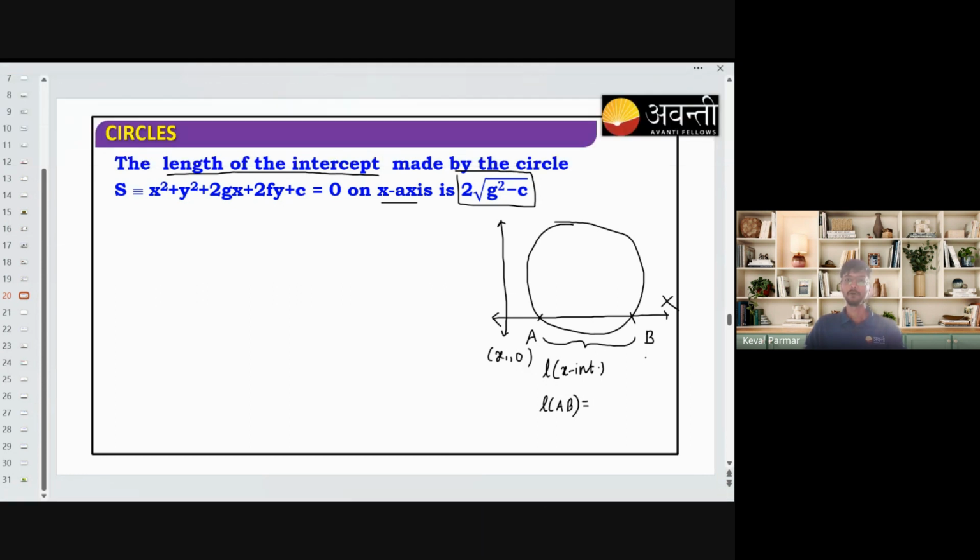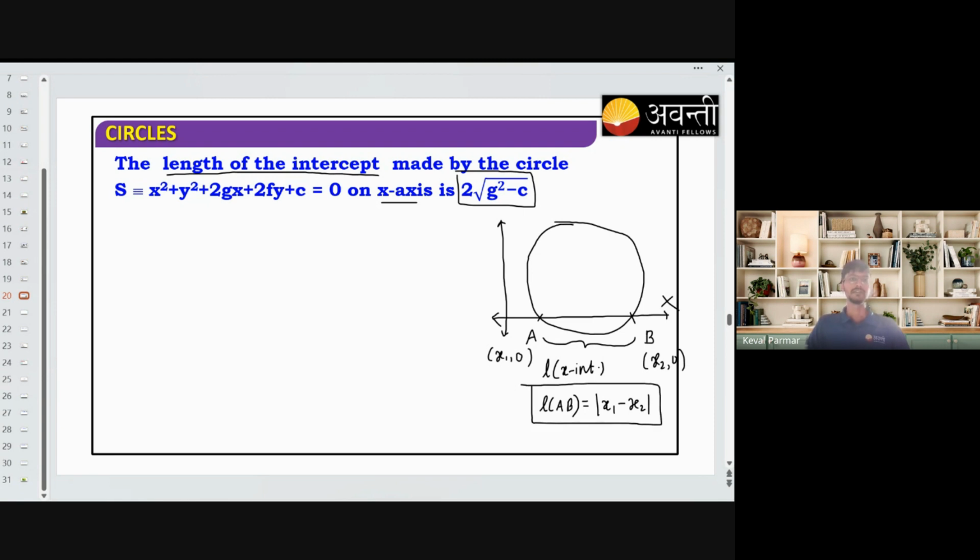So this point B will be x2 comma 0. What is the length of AB? It will be modulus of x1 minus x2. Correct? No need to use the distance formula because we are on the x-axis. If we are on the x-axis, the distance is just the difference of the x coordinates.